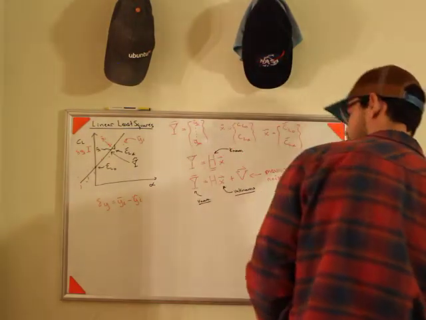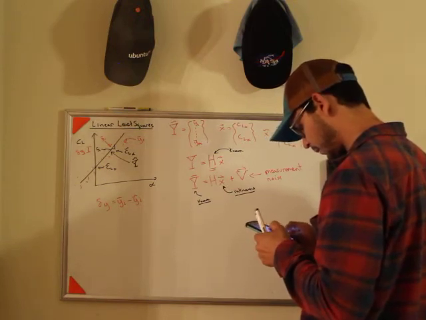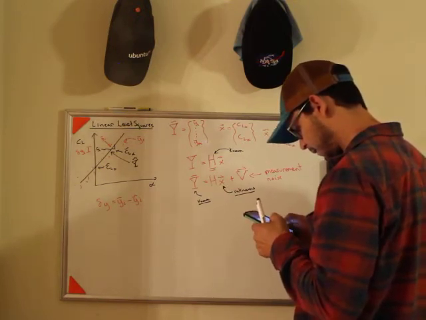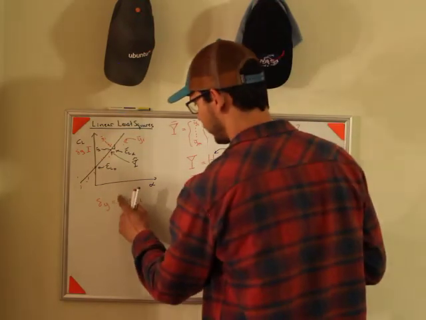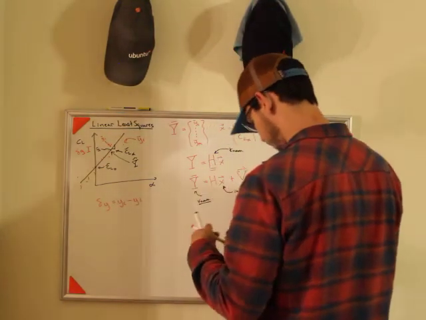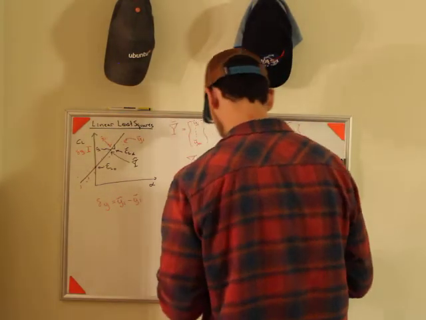Let me make sure that I got the direction right. Okay, I actually have it the other way around, which I'm not sure makes too big of a difference, but it might. So it's actually y tilde minus y bar.